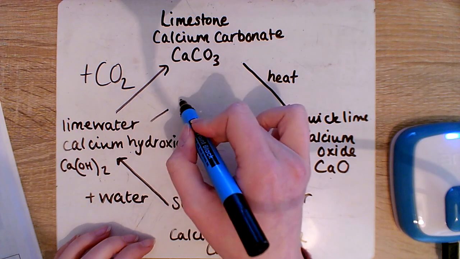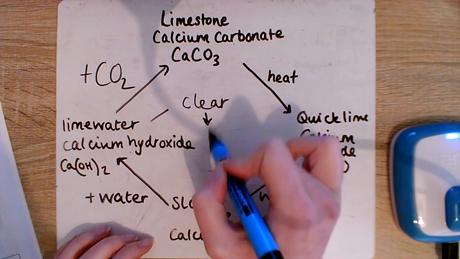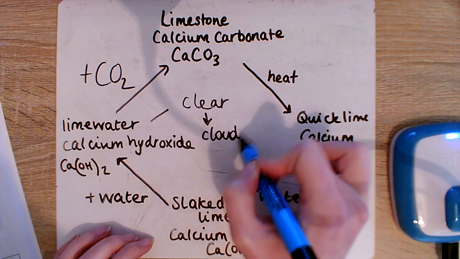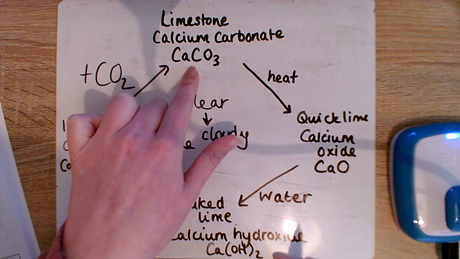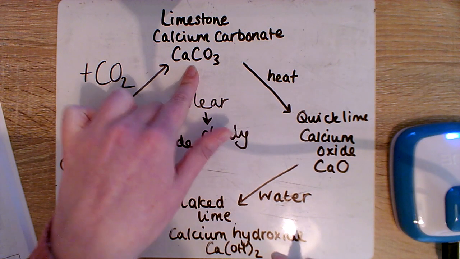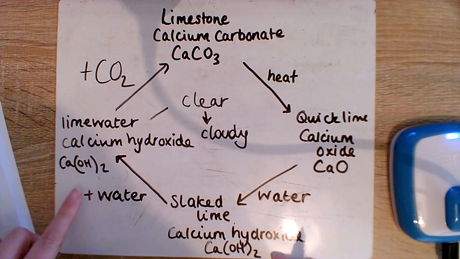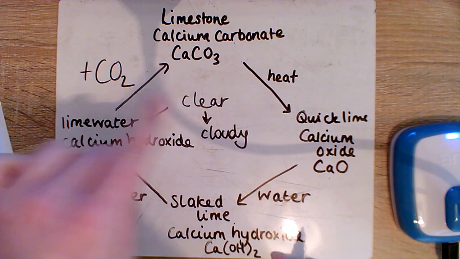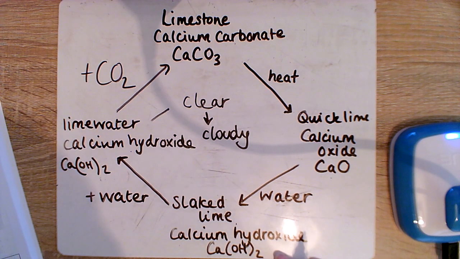It goes from colourless, or a clear solution, to a cloudy solution. And the cloudiness is actually because small bits of limestone, small specks of calcium carbonate, are forming in the lime water. So when you react the calcium hydroxide with the carbon dioxide, you get calcium carbonate forming at the end of it. So that's our limestone cycle.